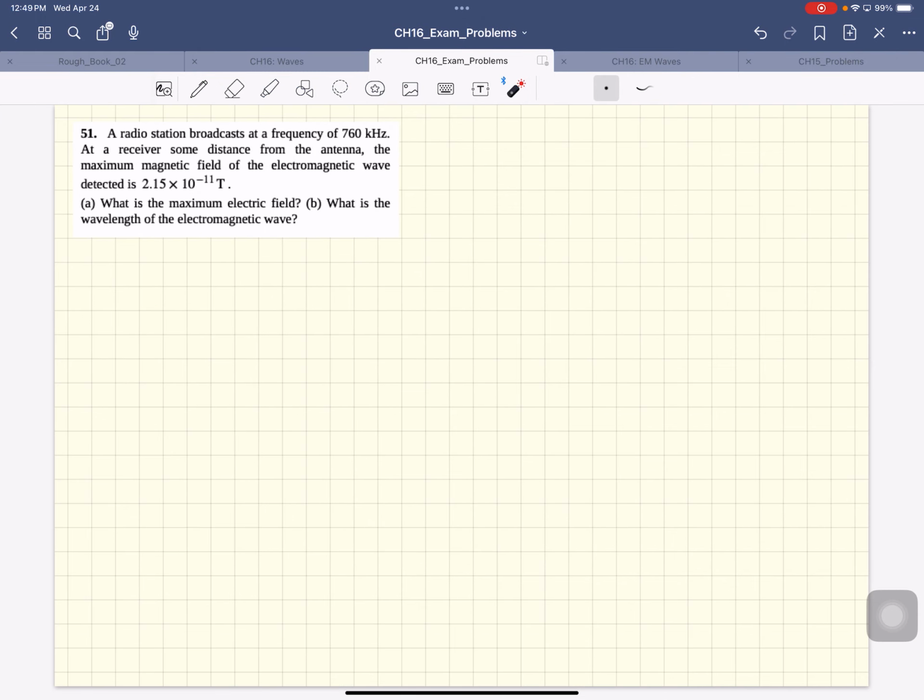All right, so this next problem says a radio station broadcasts at a frequency of 760 kilohertz. So this is an AM radio. At a receiver some distance from the antenna, the maximum magnetic field of the electromagnetic wave is detected to be that. So you guys remember the strength of the Earth's magnetic field?